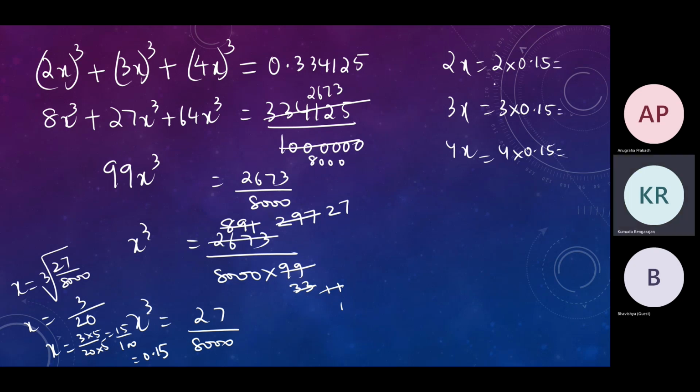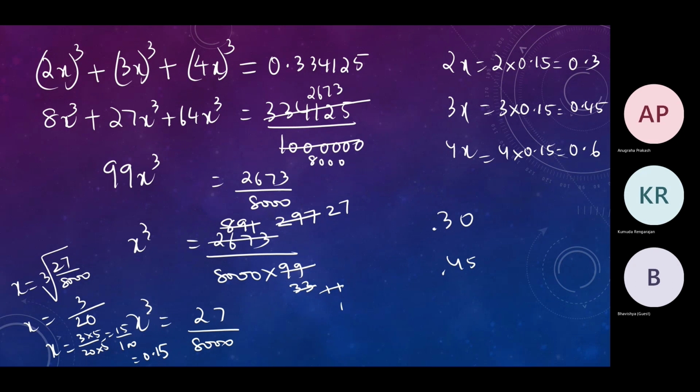So 15 twos are 30, 0.3; 45, 0.45; 60, 0.6. I think Bhavishya, you said 0.03, something like that. Maybe you went wrong in multiplying. Is this understood, children?